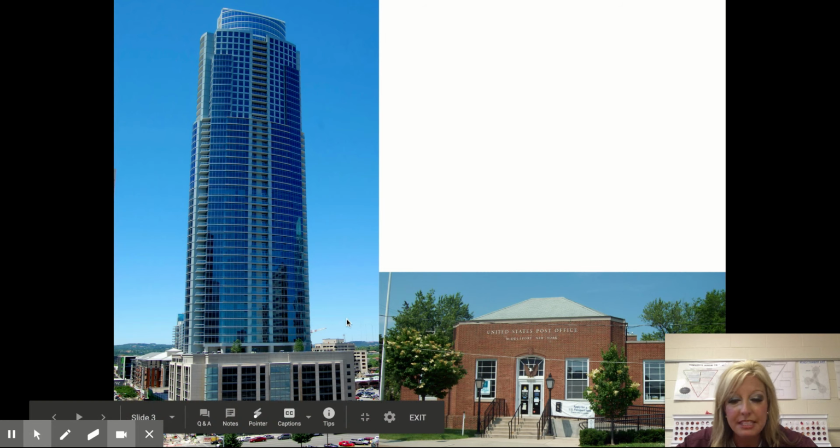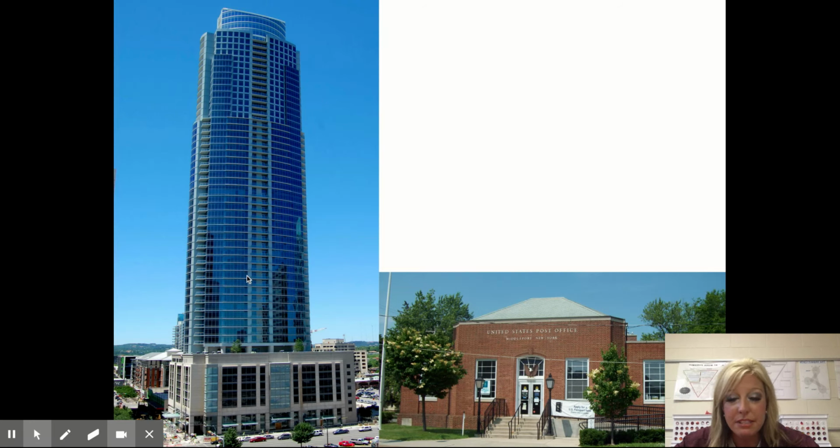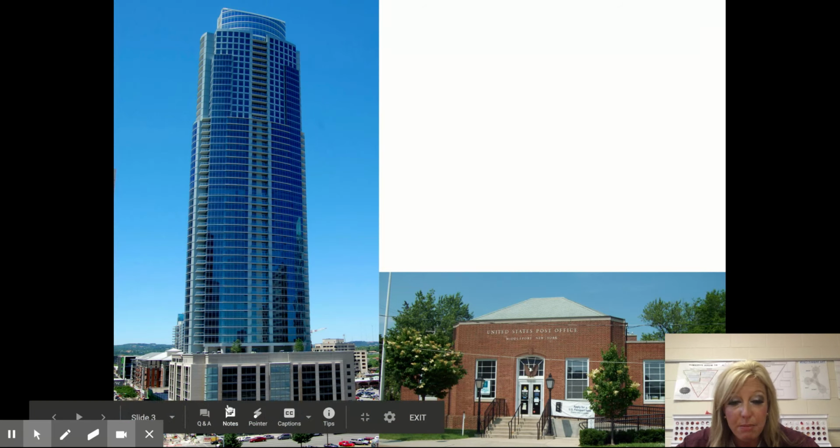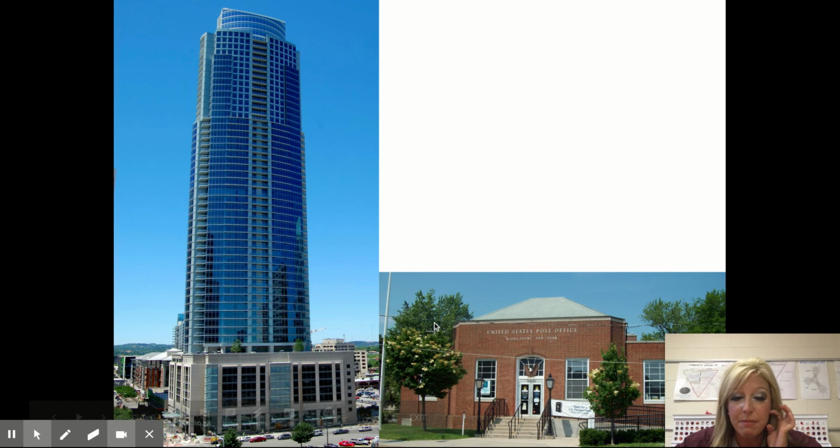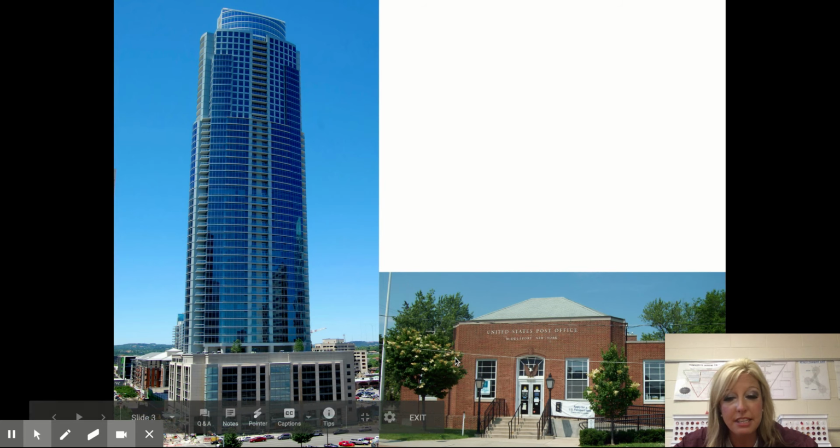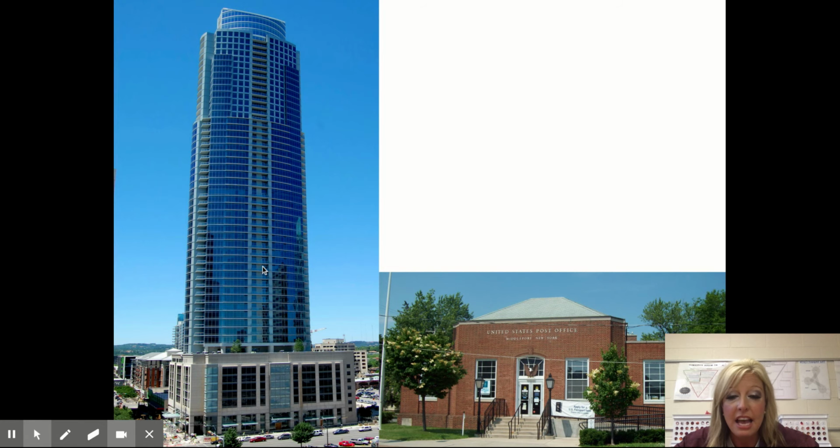So some of the things that you might have noticed that are the same, when I was looking at these buildings, I thought about myself standing in front of them, and I noticed that they are both taller than I am. This particular building is almost the same height as these trees right here. This building right here is way taller than any trees.